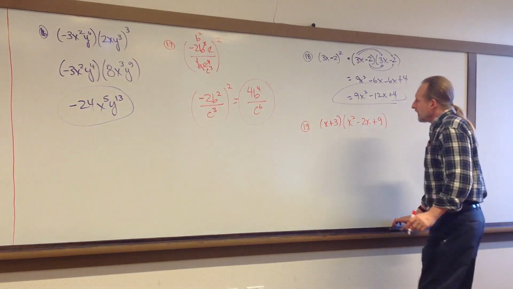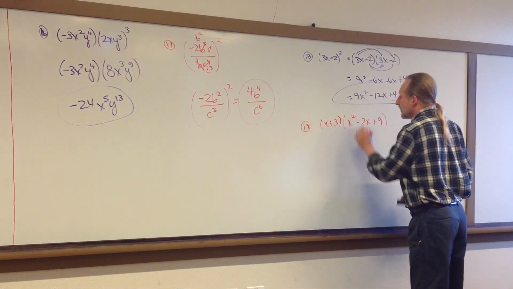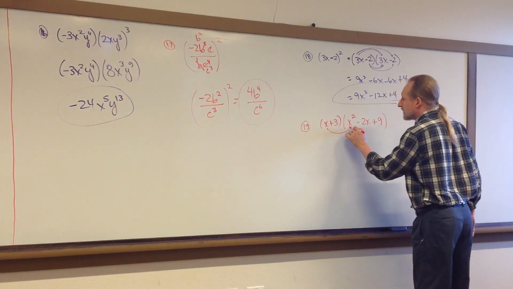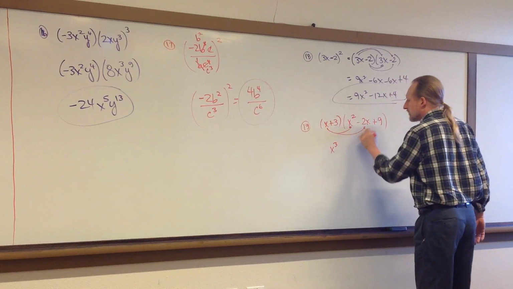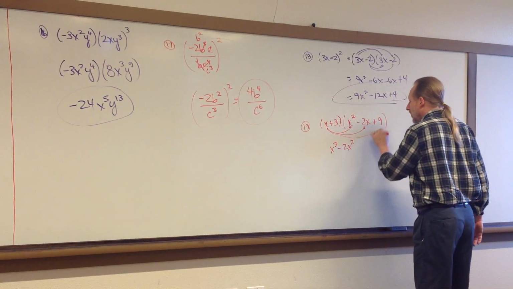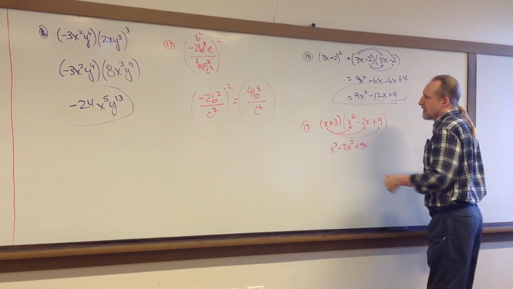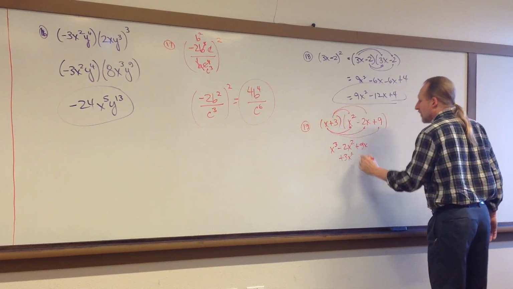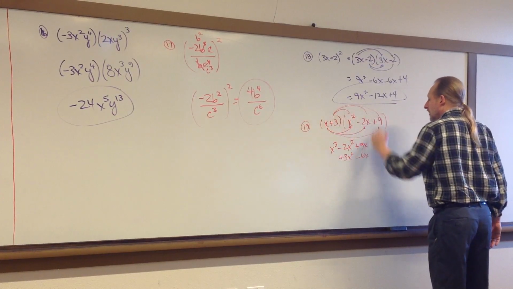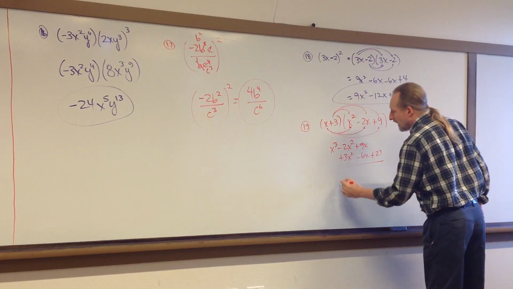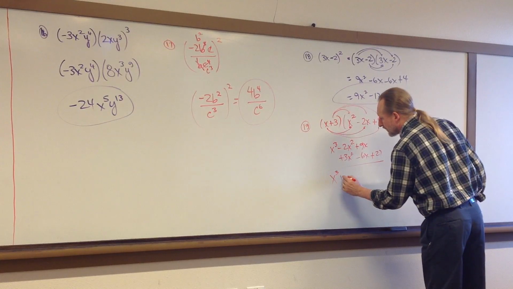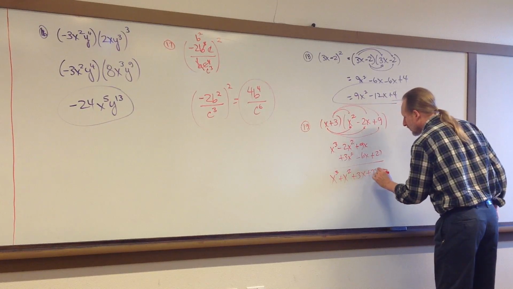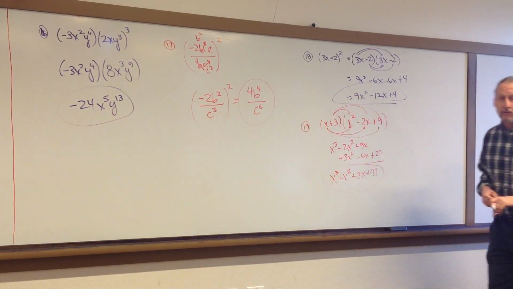If we want to distribute each of these terms into the other set of parentheses, we'll get x to the third minus 2x squared plus 9x. And then if we distribute here, plus 3x squared minus 6x plus 27. And so we come out with x to the third plus 1x squared plus 3x plus 27. And there we go.